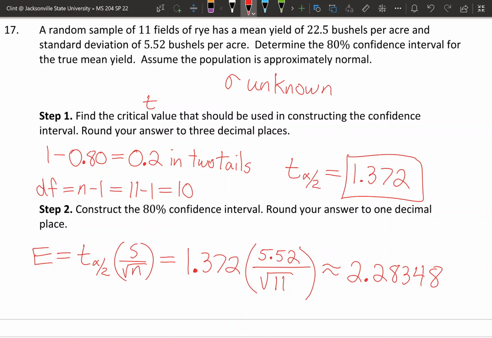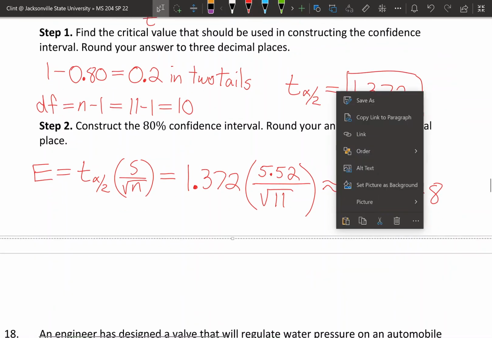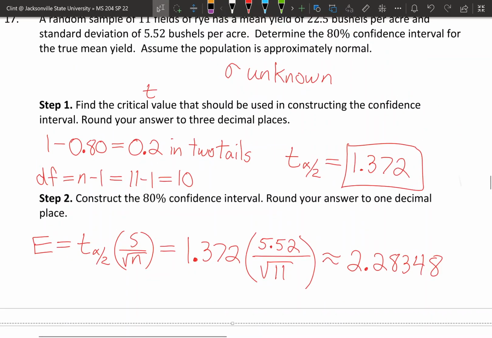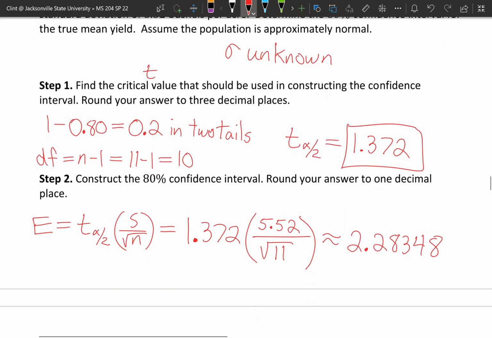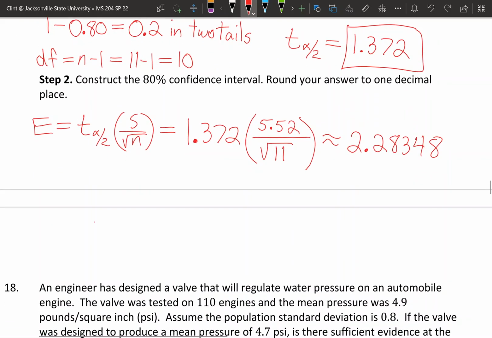So 5 or 6 places is good. And then one more thing, we got the margin of error, so now we actually need to make the interval. So our mean, our point estimate, x bar was 22.5. Now we would do 22.5 plus and minus our margin of error.